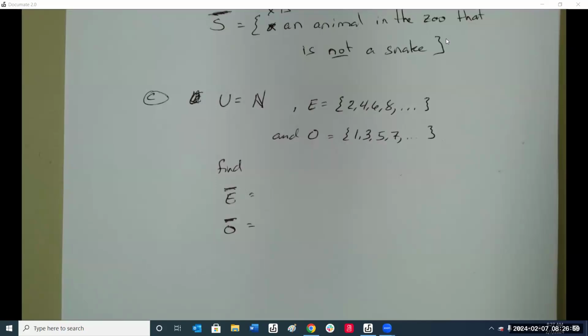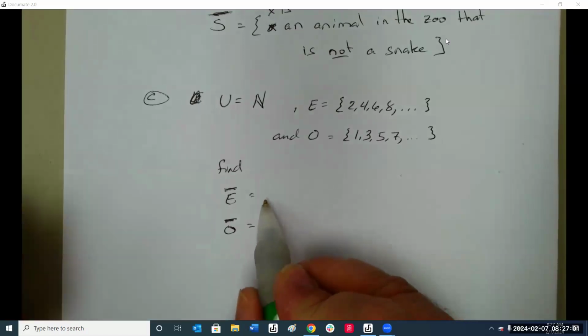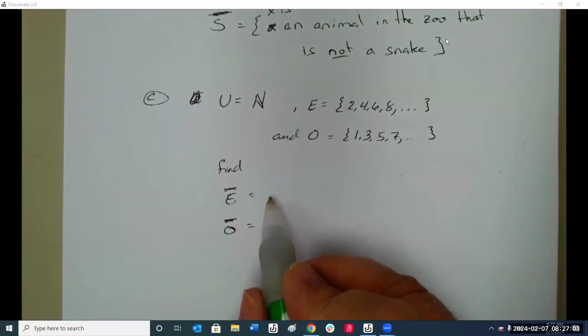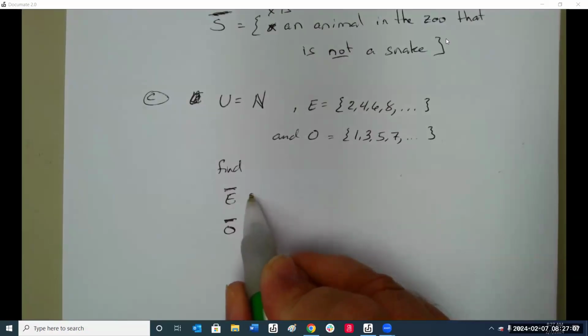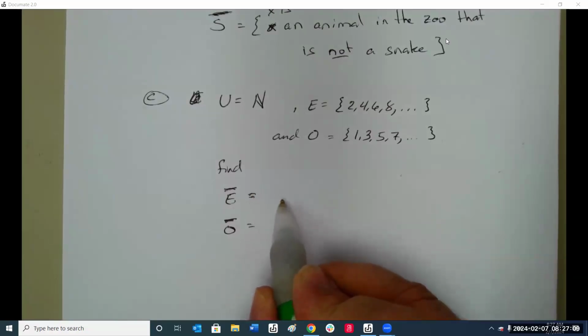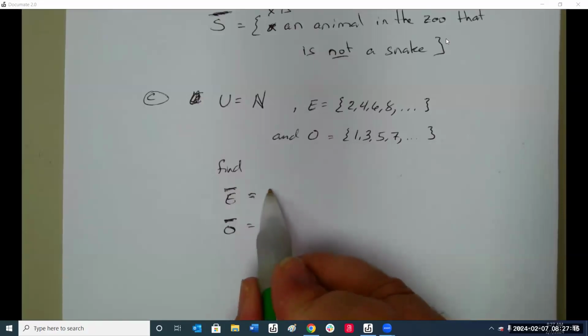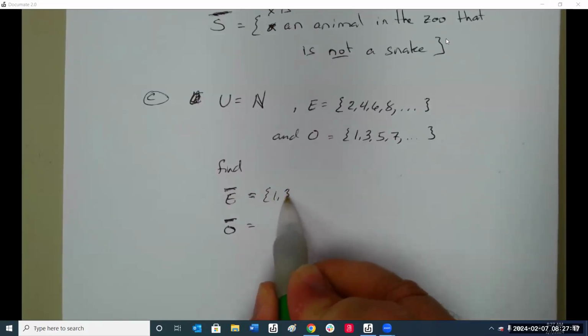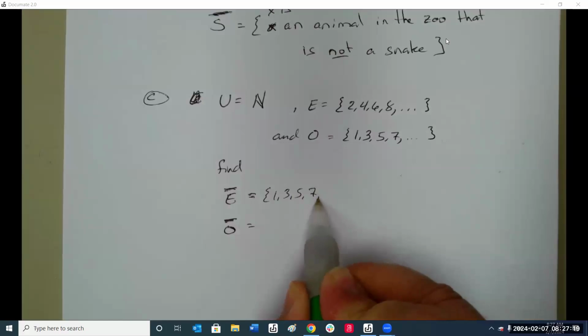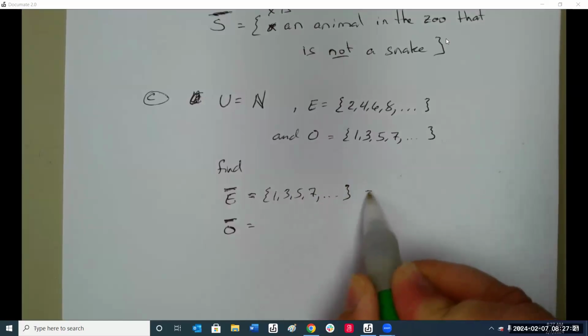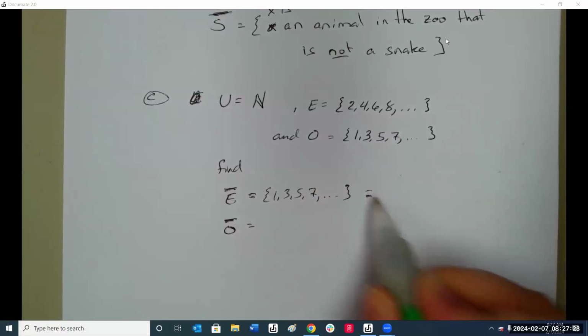What is it? What's that called? You're right. The complement of E is 1, 3, 5, 7. Does that have a name? Does it have a title?